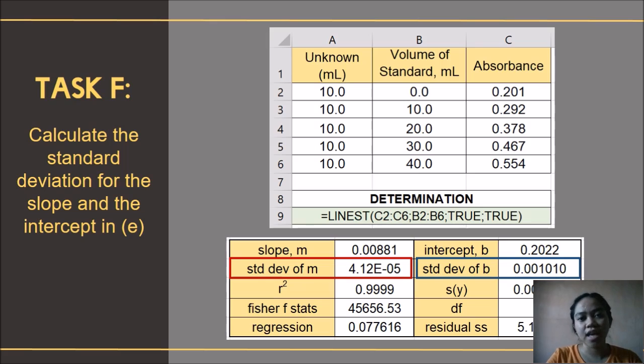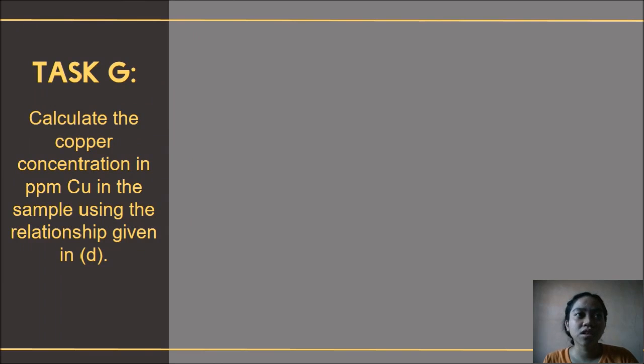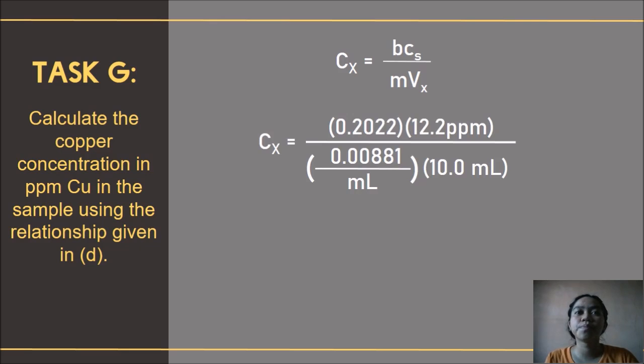Now, for the last question that we need to answer, we need to calculate the copper concentration in ppm copper in the sample using the relationship given in D. So this is the relationship that is given in D: Cx equals B Cs divided by mVx. We just need to put the values that we have.